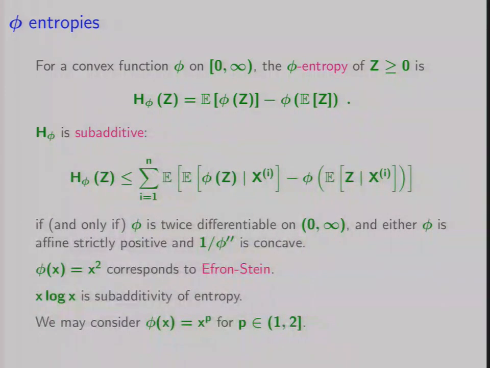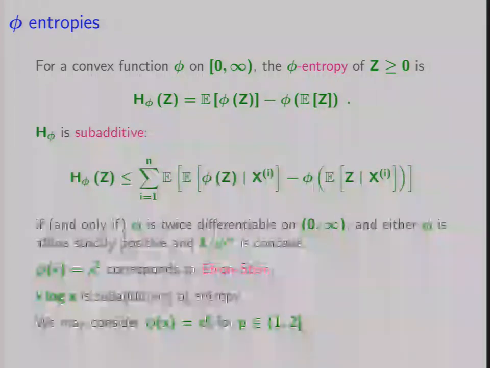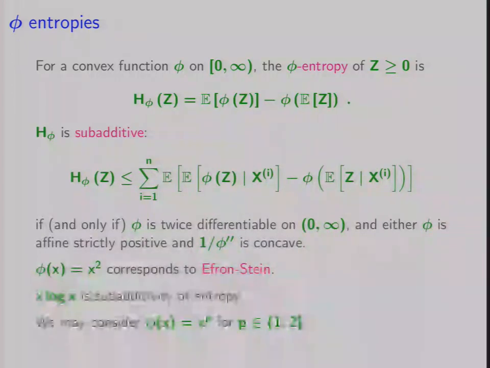So Efron-Stein is somehow an extremal case of this. But maybe other values of p closer to 1 are also meaningful. This x log x is a little bit like something at the left end. So it feels like these two examples are somehow extreme.